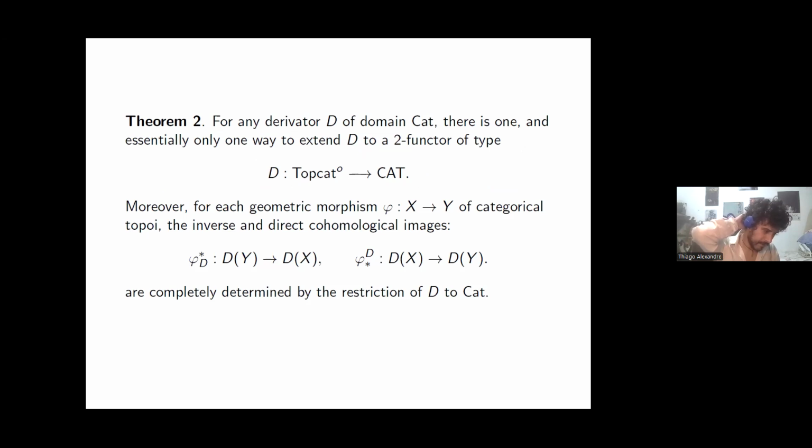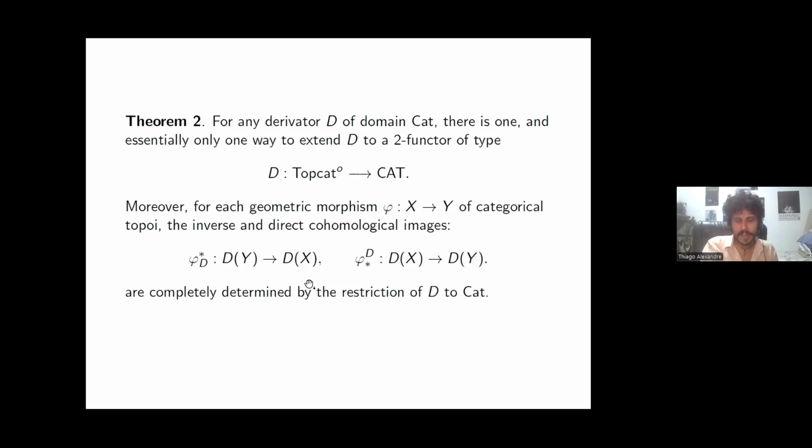We have seen that it was already true when we are considering only essential geometric morphisms between categorical topoi, but now what I'm saying is that we can do the extension for categorical toposes and arbitrary geometric morphisms between them.